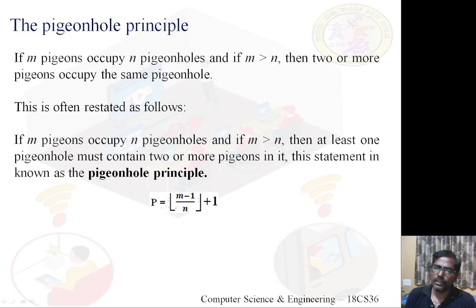So let me restate it. What the pigeonhole principle states is that if the number of pigeons is greater than the number of pigeonholes, then at least one of the pigeonholes will have two or more pigeons.